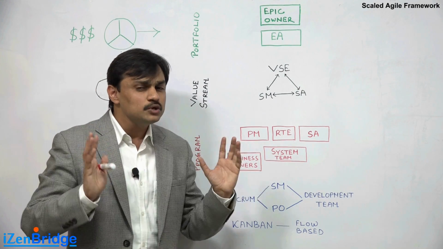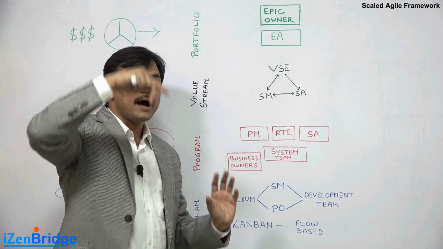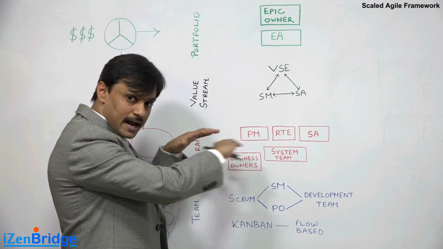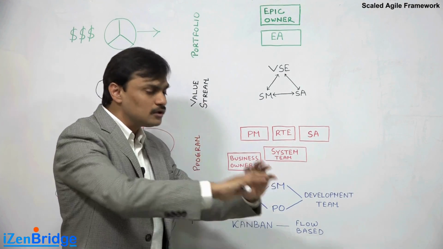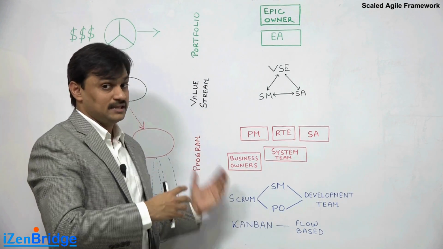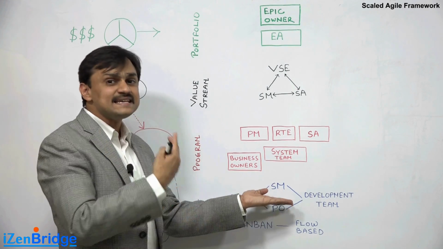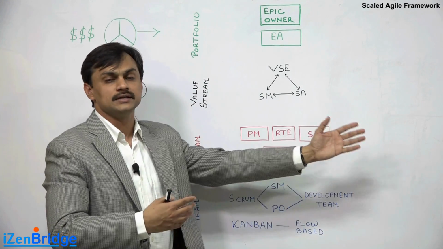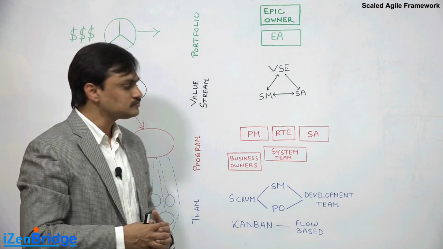In general, you can think of the product owner getting scaled by putting up a role or a structure called product management at a program layer, and these product management people will work in close coordination with the product owners who are working in the teams. Similarly, the Scrum Master is scaled at the program level by the release train engineer.